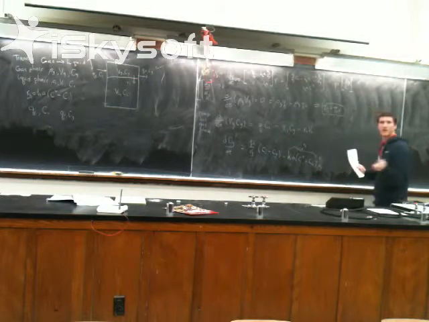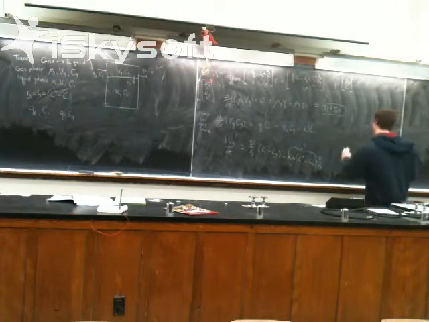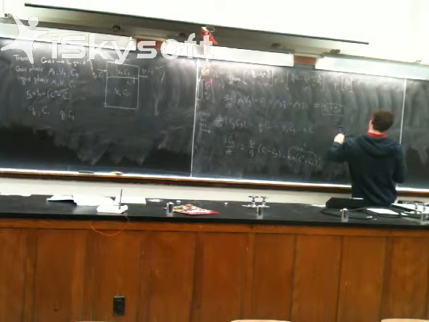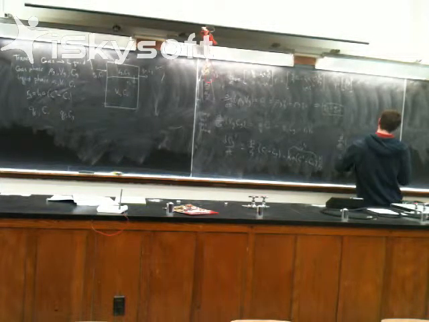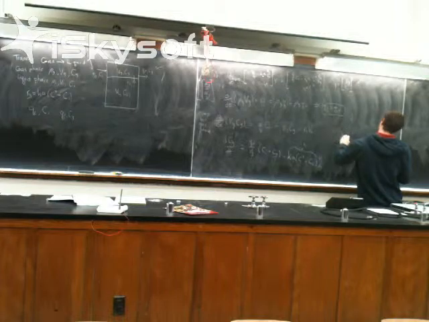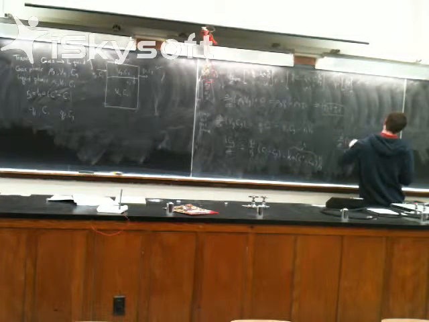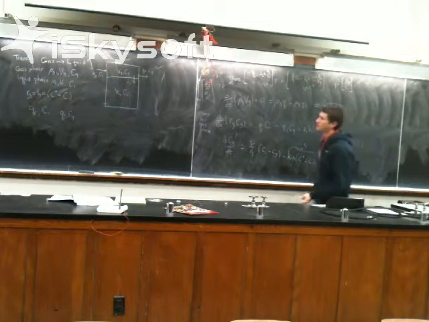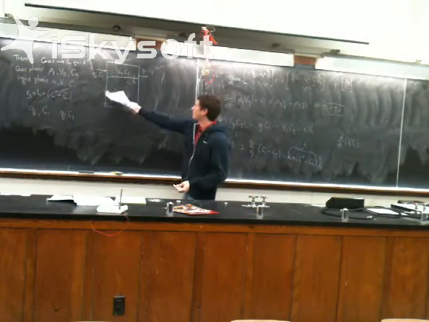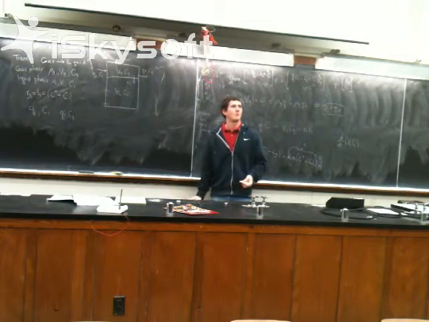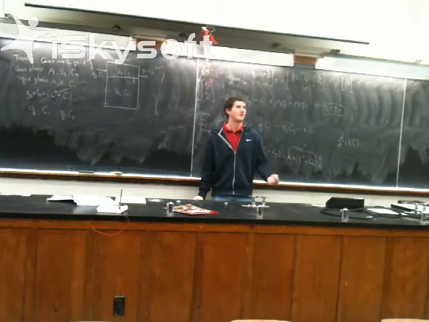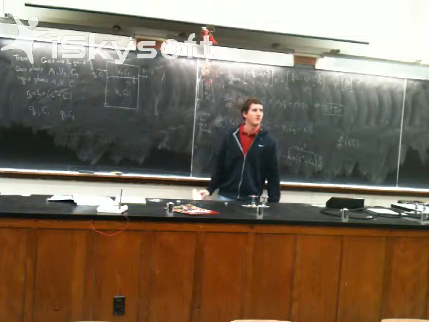We do the component balance on the liquid phase. So we got d over dt of VL CL. Does anyone want to take a stab at this? Do we have any inlet or outlet in the liquid phase? Nope.